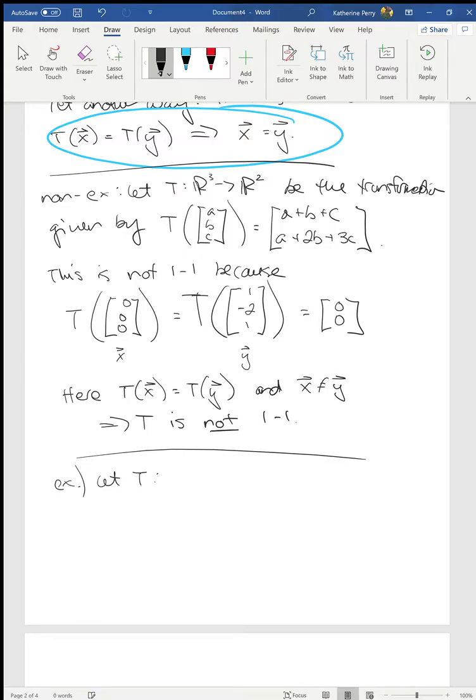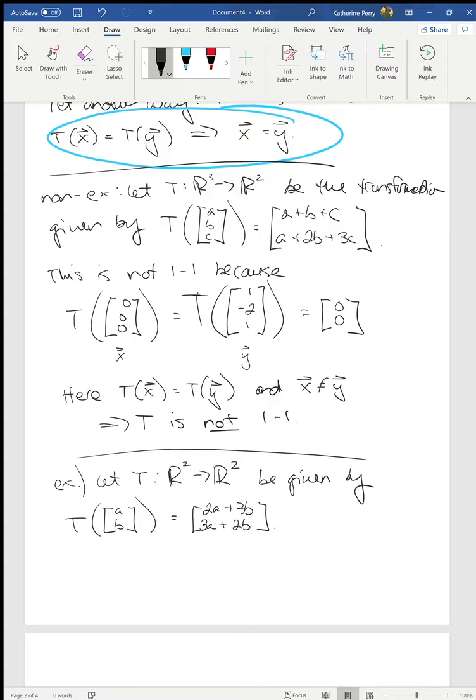So here, let T, this time from R2 to R2, be given by T of (a, b) equals (2a plus 3b, 3a plus 2b). And if I want to argue that this is 1-to-1, maybe pause the video and think about how I would do something like that.